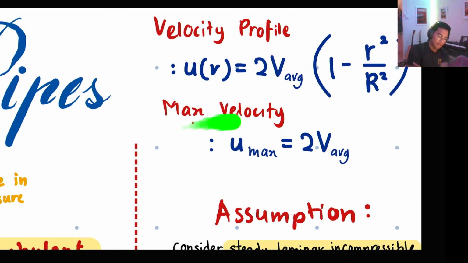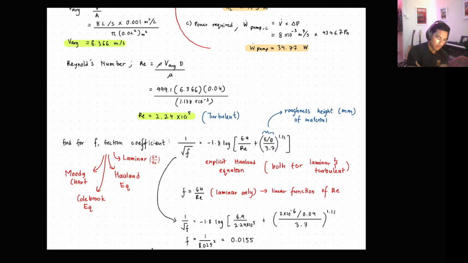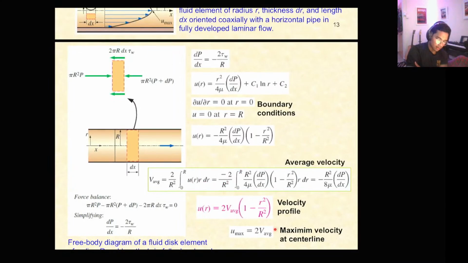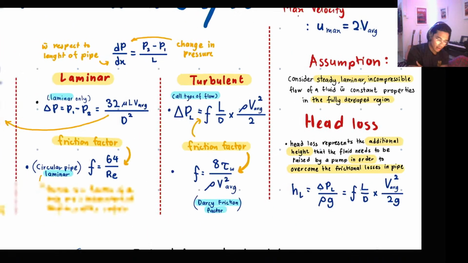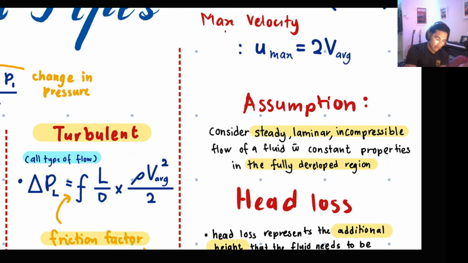The maximum velocity is 2 times the v average. That is from this derivation, chapter 8. So don't worry about the derivation. For the assumptions for laminar flow, consider it steady, laminar and incompressible, and also fully developed.